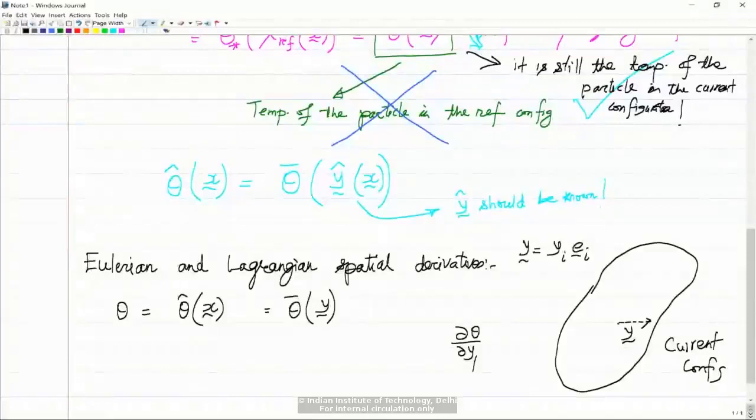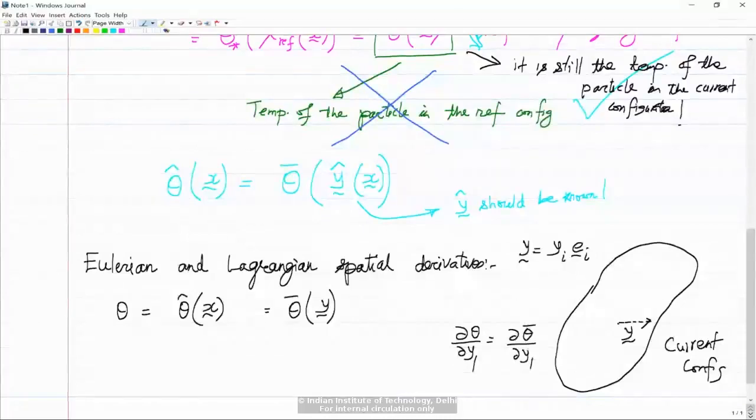So when you denote this position vector y as y_i e_i, then the y_i's are the components of that vector with respect to the basis e_i. Del theta by del y1, for example, is the derivative in the E1 direction. If you want to know this, you will say it is del theta bar over del y1.